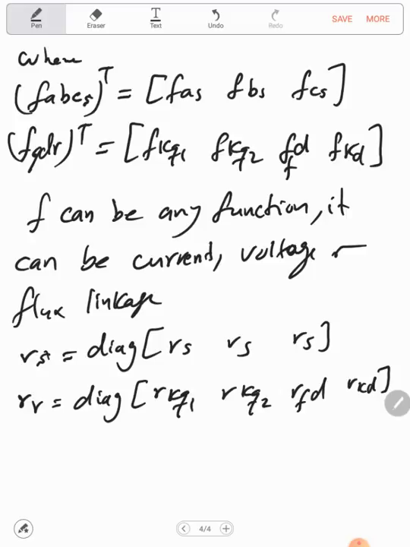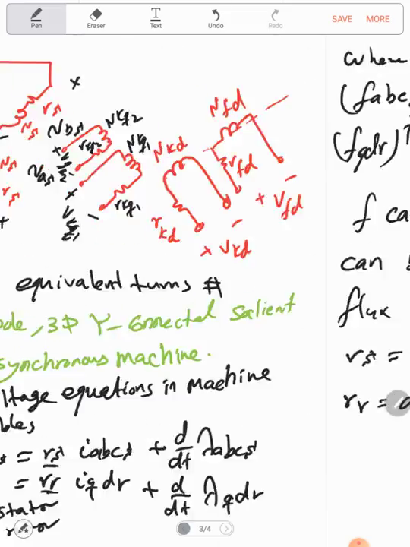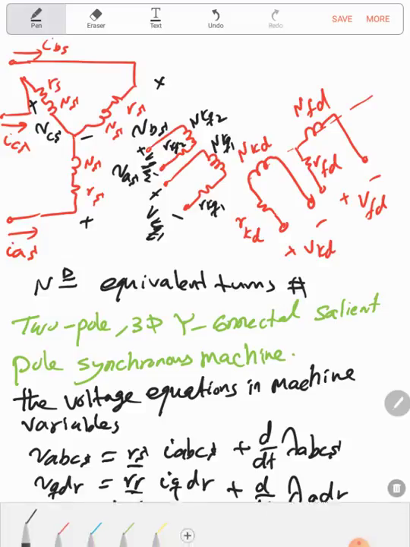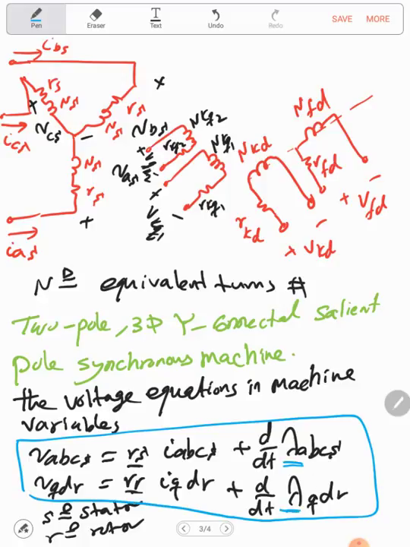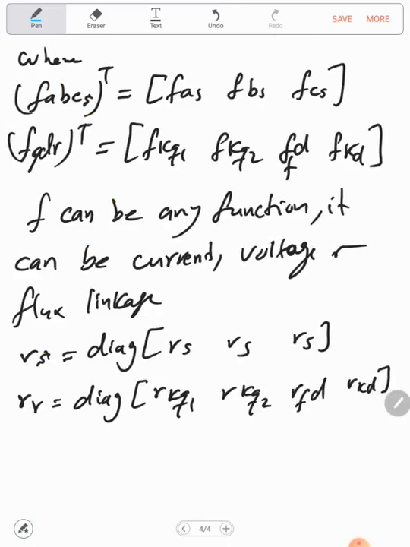Now in order to write the voltage equation, we need to find the flux linkage, lambda ABCS and lambda QDR.